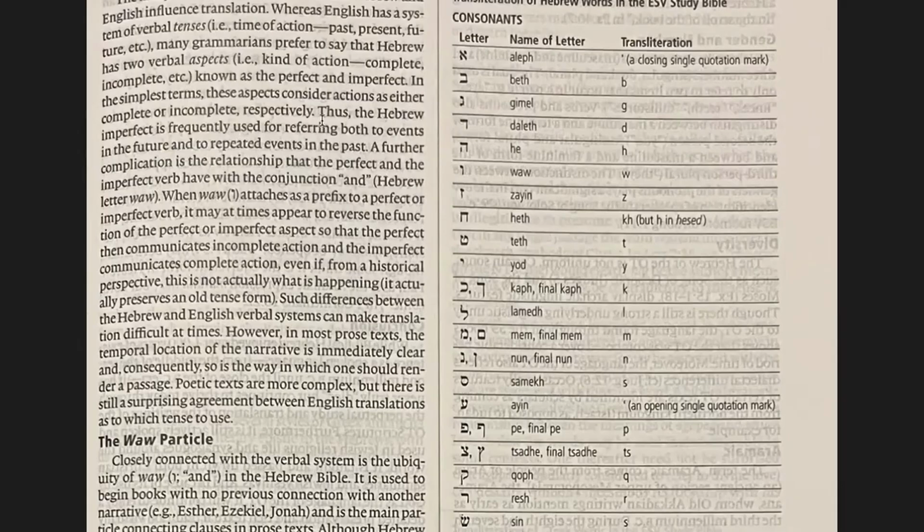Before I move on, so this idea of the imperfect is frequently used for referring to events in the future and repeated events in the past, right? Because they're concerned with imperfect or incomplete. So I will make my bed in the morning, right? It's almost said the same way if I say I've made my bed up every day this week, because it's not completed.